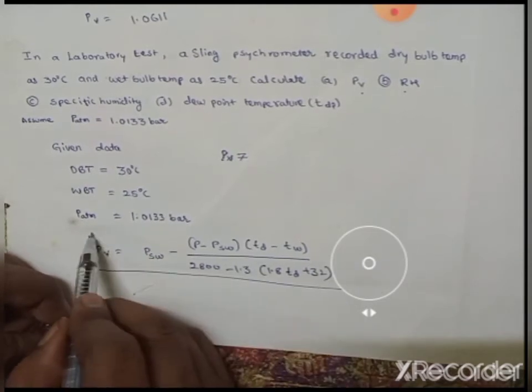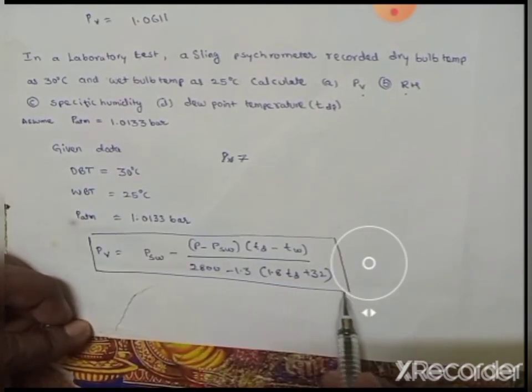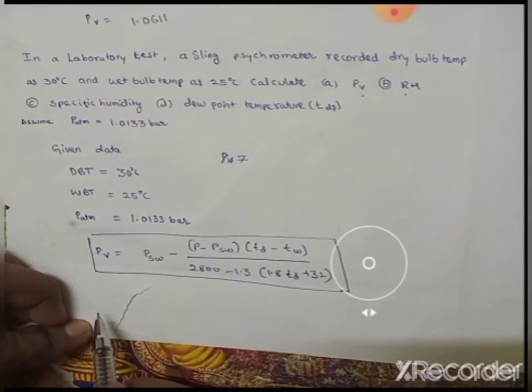This is the Carrier equation to find the partial pressure of water vapor.